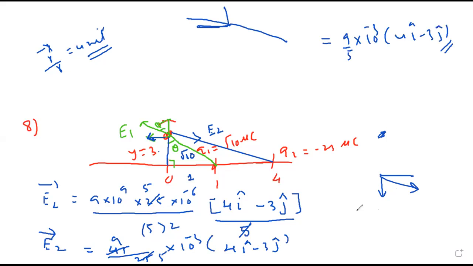Copy till E2. Ten raised to plus 3 it is. So 1.8 into 10 raised to plus 3, 4i cap minus 3j cap. That is nothing but 18 into 10 raised to 2, 4i cap minus 3j cap.